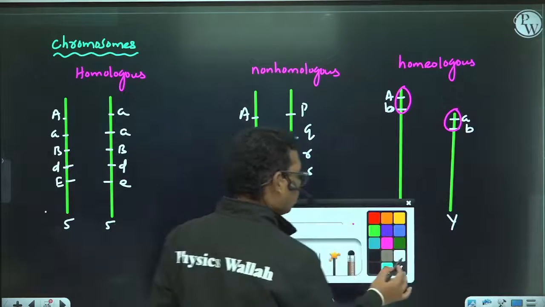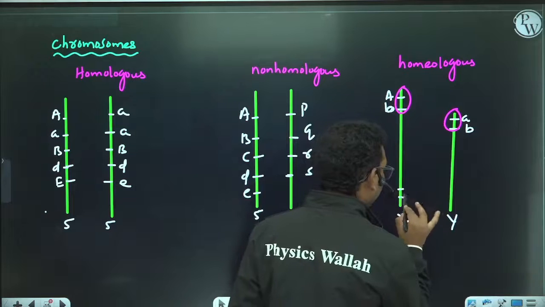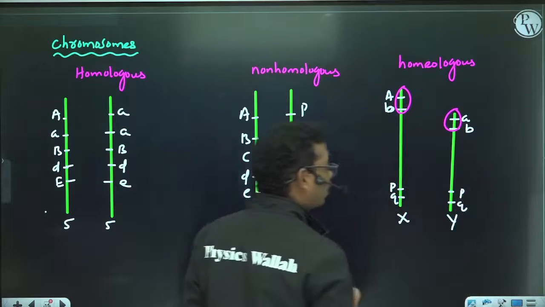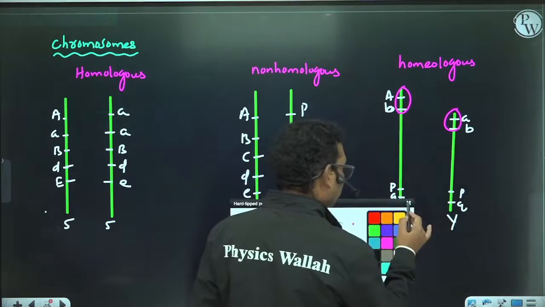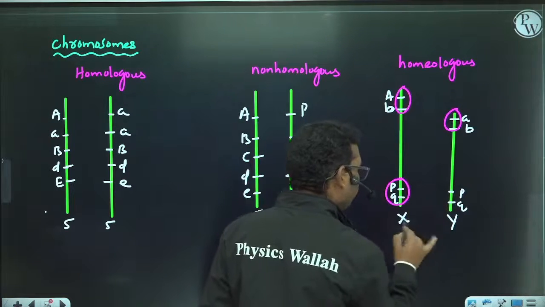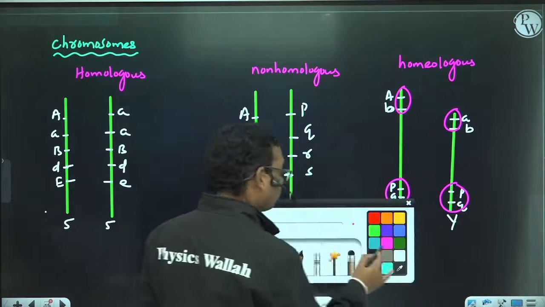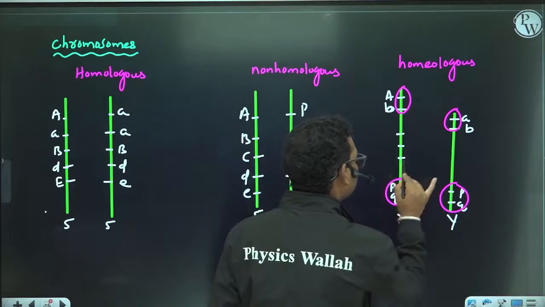And suppose, let me take some sequence over here. So suppose here I'm having PQ and here also I'm having PQ. That means this sequence is present in both chromosome X as well as chromosome Y. Okay, but suppose in this case, let me take some sequence here.